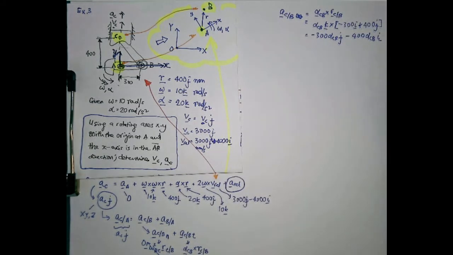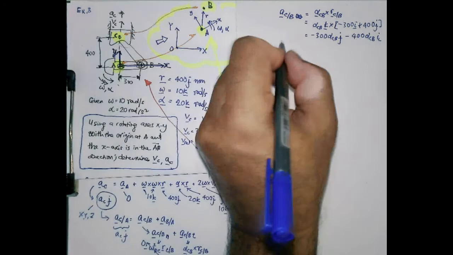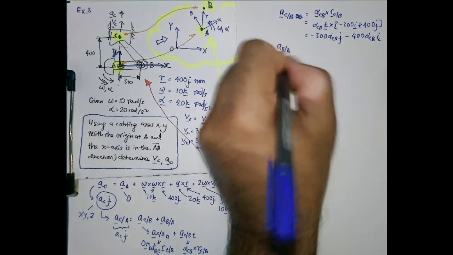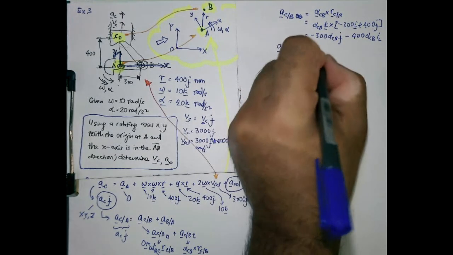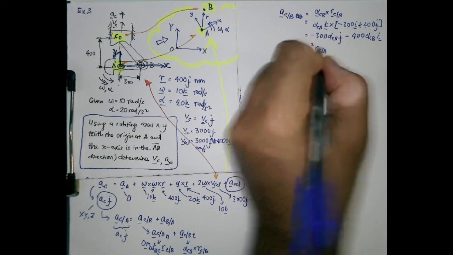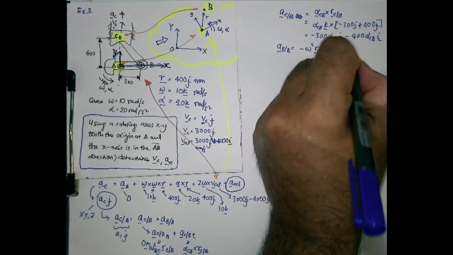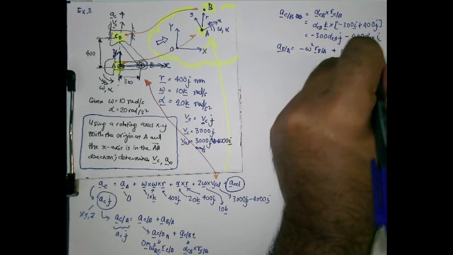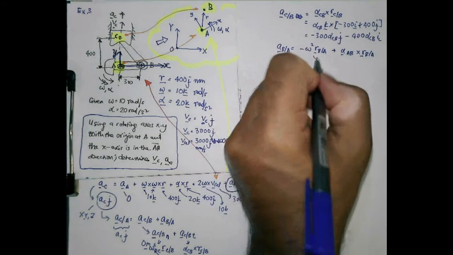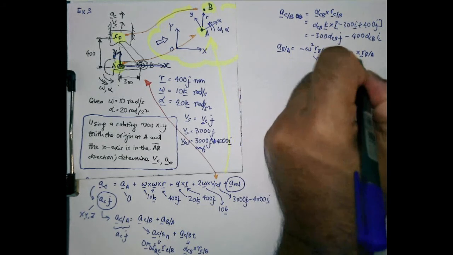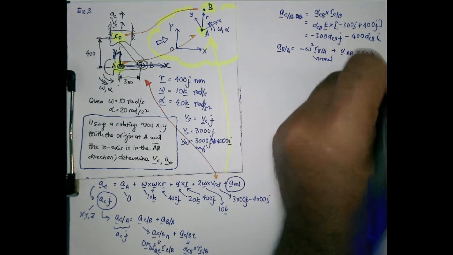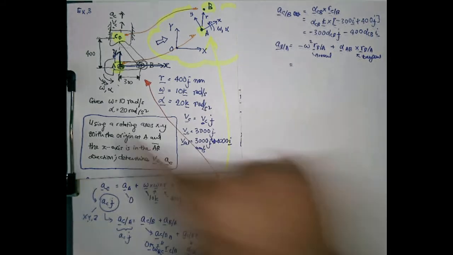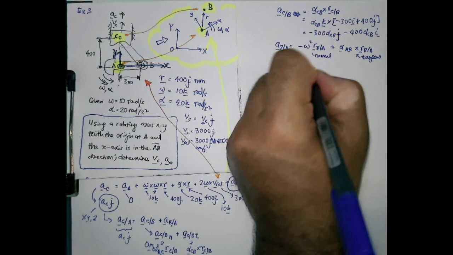So that is the acceleration C relative to B, and then we have to find B relative to A. B relative to A has two components: minus omega squared times position B relative to A, plus alpha AB cross B relative to A. This is the normal, and this is the tangent. Omega is given as 10, so minus 10 squared.